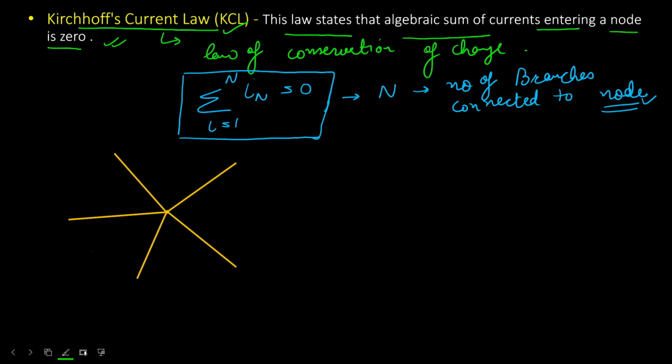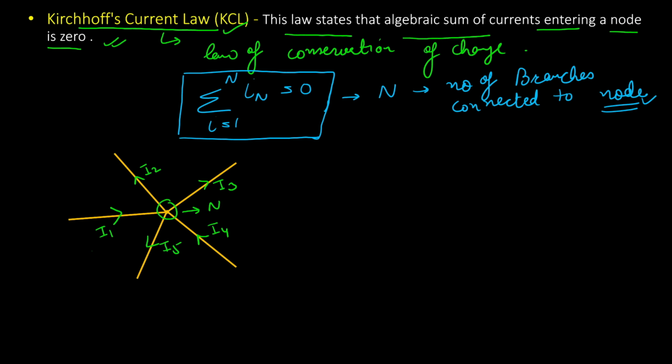In order to explain KCL, let's say we have a diagram. Let's say this is the reference node n, and 5 branches are connected. Each of the branches is carrying a specific value of current. This is I1, this is I2, this is I3, this one is I4, and this is I5.